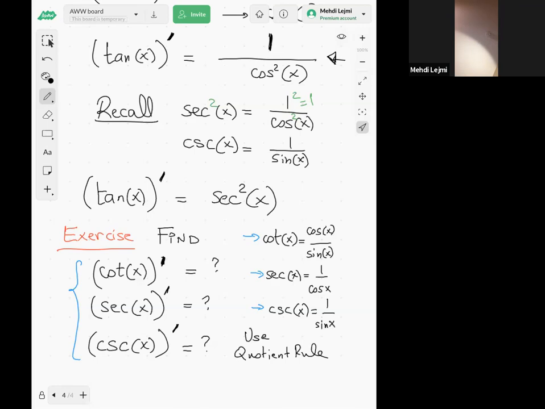Because secant is 1 over cosine, and tangent is sine over cosine. So secant times tangent is exactly sine over cosine square.